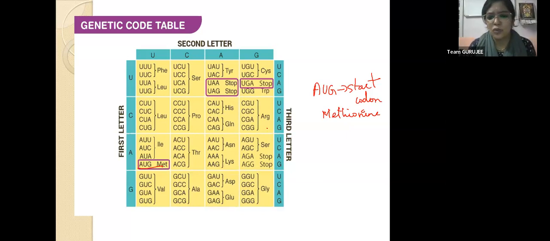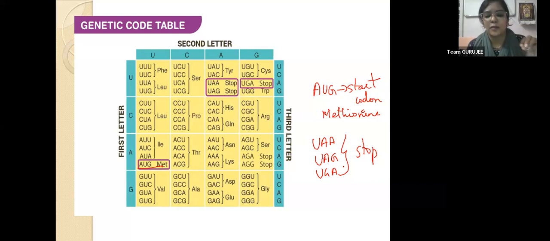What about UAA, UAG and UGA? These are stop codons. Whenever any one of these triplet codons, UAA, UAG or UGA, comes to the site of translation, what happens?